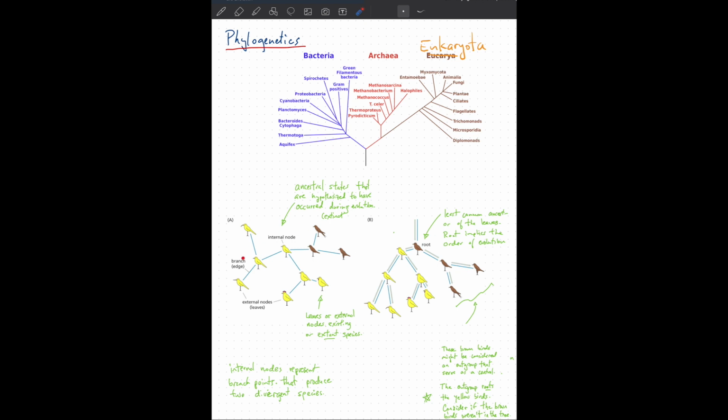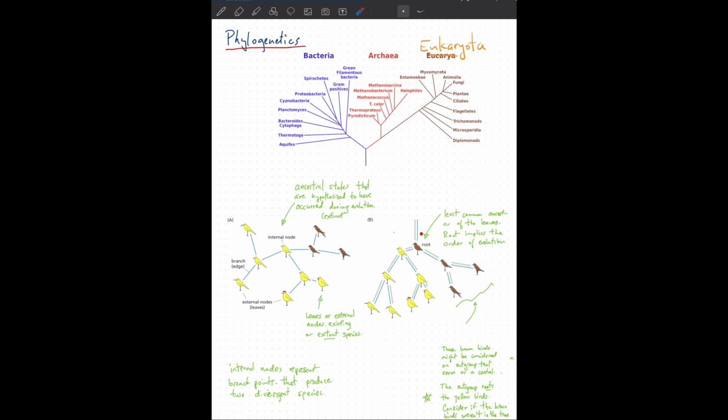In this case here, this tree is unrooted. Unlike the tree of life up here, where we know that bacteria and archaea split, and then archaea and eukaryota split, so we can root that tree, this tree is unrooted, so we don't know the direction of evolution. Perhaps the root existed along here, or perhaps the root existed up here on an internal edge.